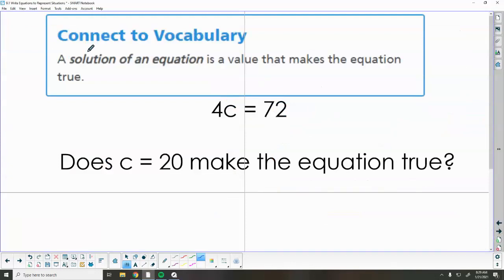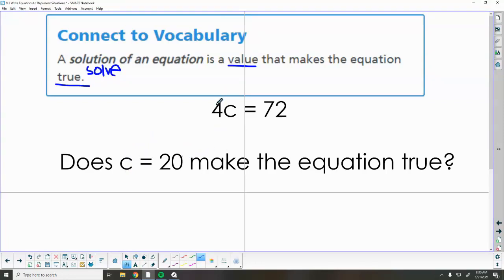So a solution of an equation is when you solve it and it makes it true. So when the value is true, we have found the solution. So let's try substituting C for 20 and see if that's true.